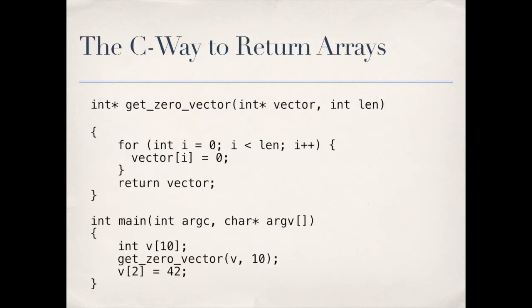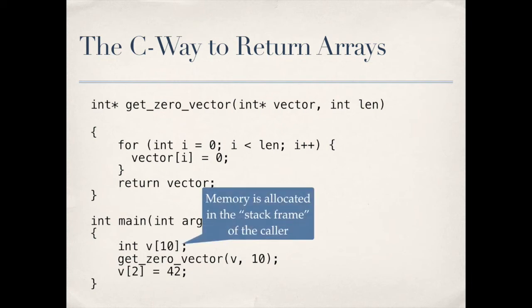You remember from our last video, I've shown you already the way we do it in C. Maybe we'll start here with our considerations. First of all, we are allocating the memory for our vector in the caller's area, so to say in the stack frame of the caller.